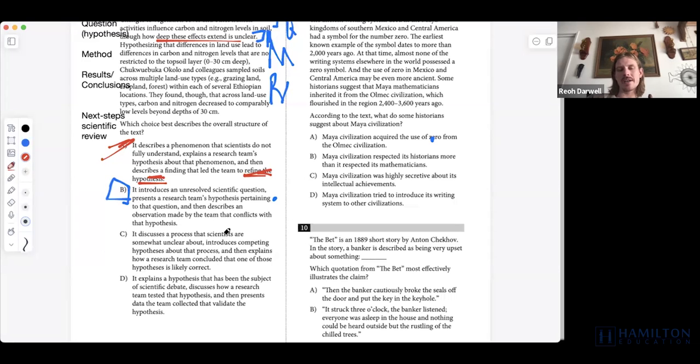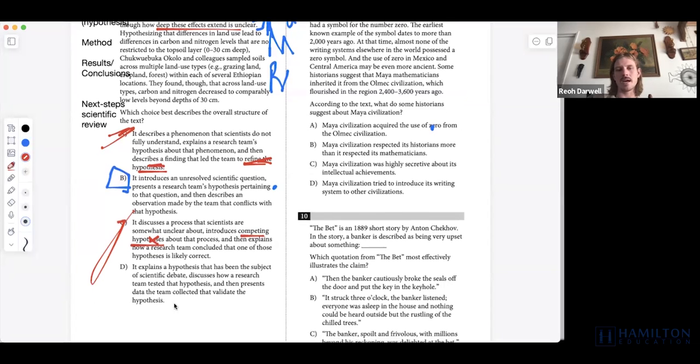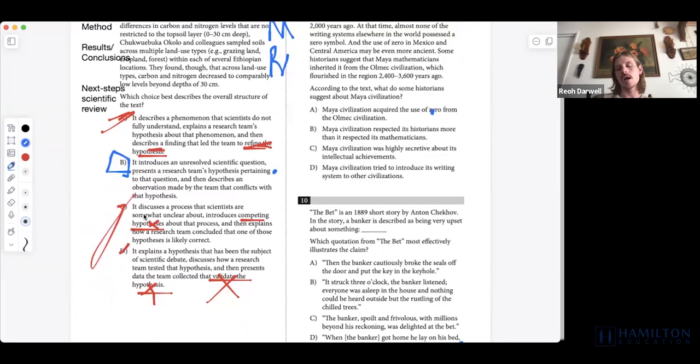C starts out right, but we don't get competing hypotheses; we don't get more than one hypothesis here. And then D: do we validate the hypothesis at the end? No. So remember, if in an answer choice one thing is wrong, we have to throw the whole thing out. The whole answer choice must be correct to use it. Always go deductively, meaning find things that are wrong and get rid of those.